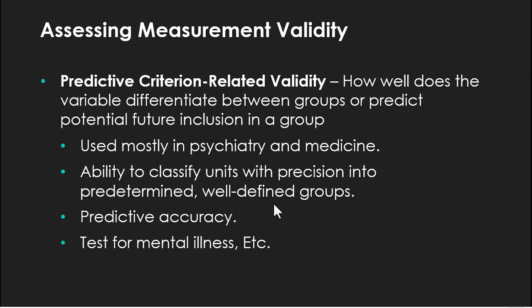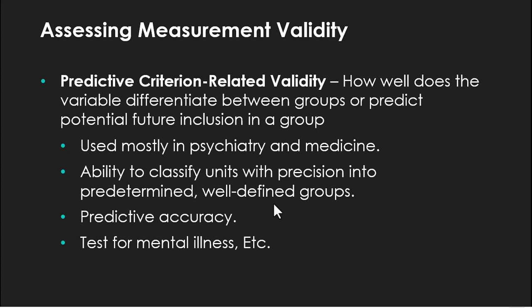Another way of assessing measurement validity that is used most frequently in the medical and psychology fields is predictive criterion related validity. Basically, how well does our variable differentiate between groups or predict potential future inclusion in a group?